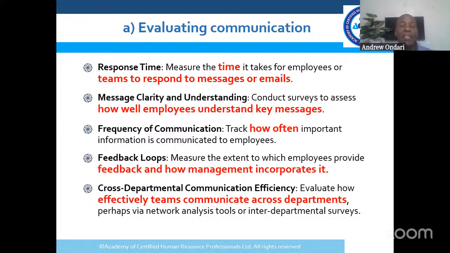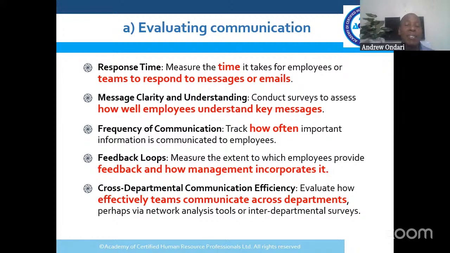Secondly, I said that the other key element of communication is the content. So we are evaluating the clarity of the content and how easy it is to understand by the recipients of the messages. So as HR auditors, we are looking at the language that we use in communication. As it were, a good communication is what is clear and is easy to understand.